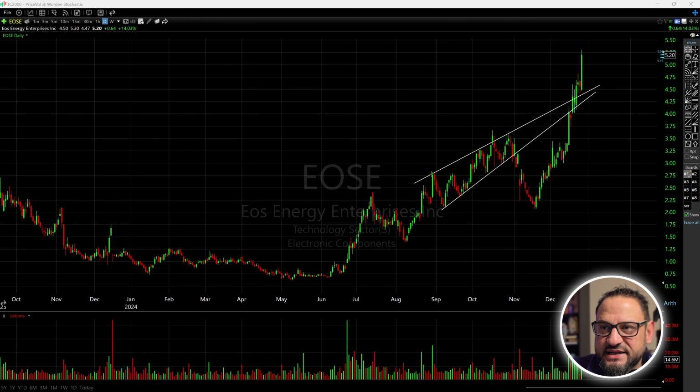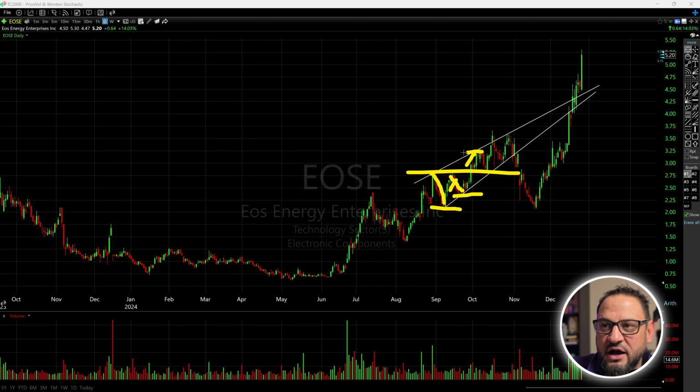The bears make a stand and pull the prices down. The bulls make a support area. The bears make another stand and pull down the price, and the bulls make a higher high, because the bears could not hold their initial area.